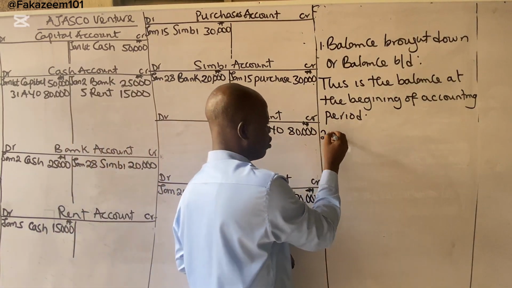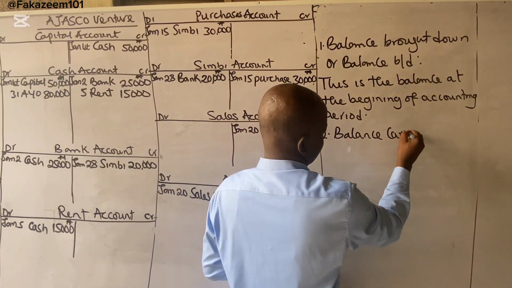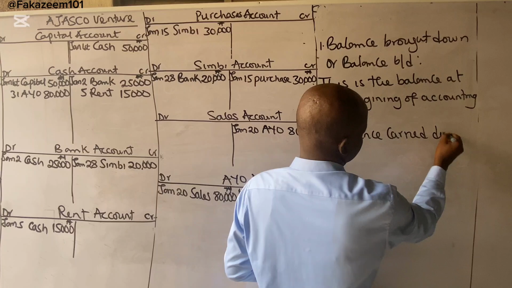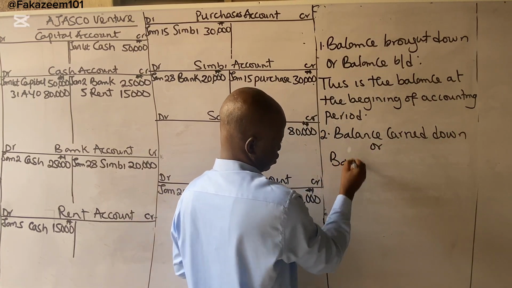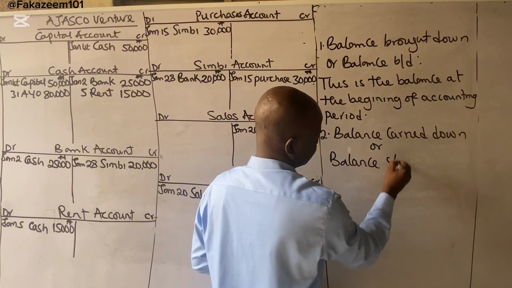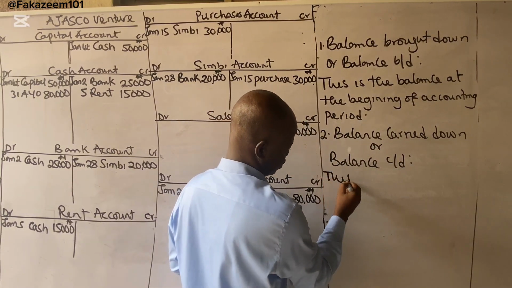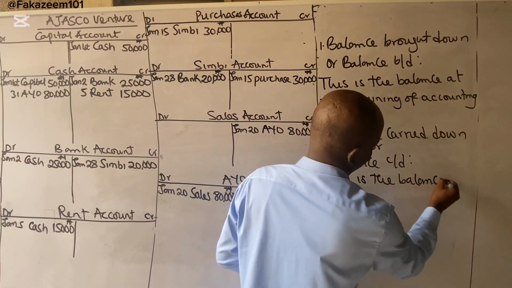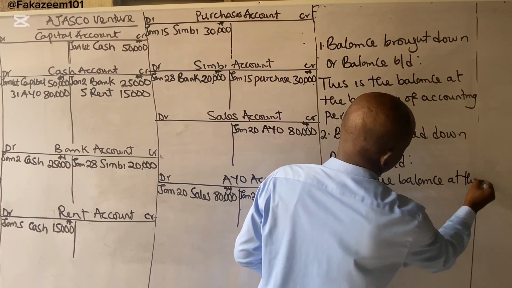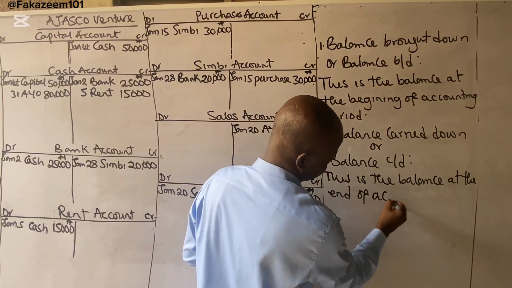We also have what we call balance carried down, or we write it as balance CD. What does this mean? This is the balance at the end of the accounting period.